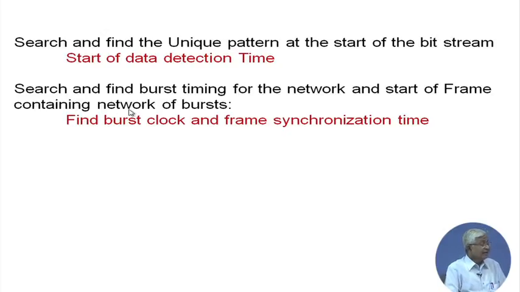And then, in a total frame, when you have to transmit, you have to search and find the burst timing of the network and the start of the frame containing the network bursts. Say a station is switched on and some TDMA network is running in the transponder.